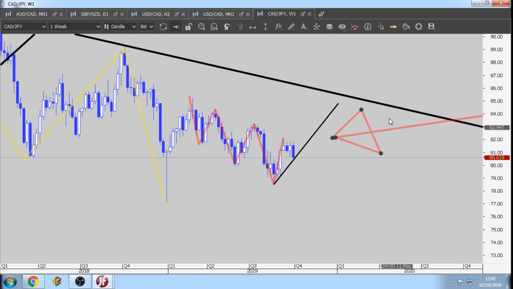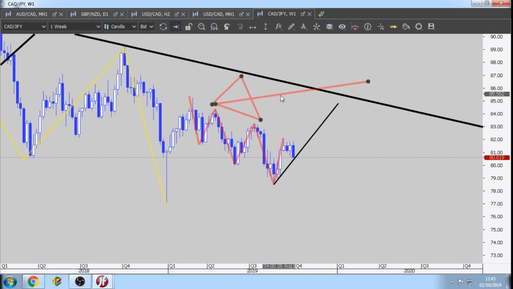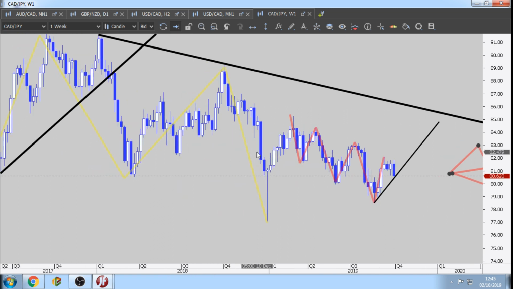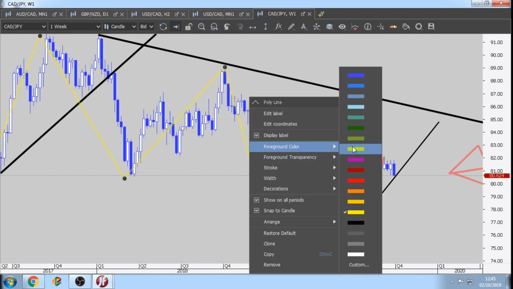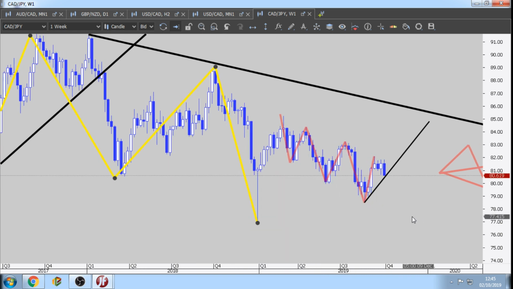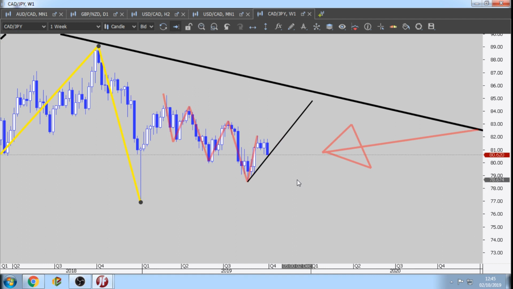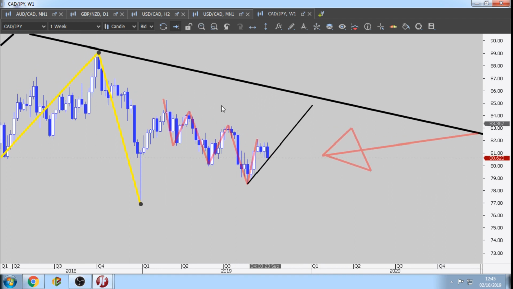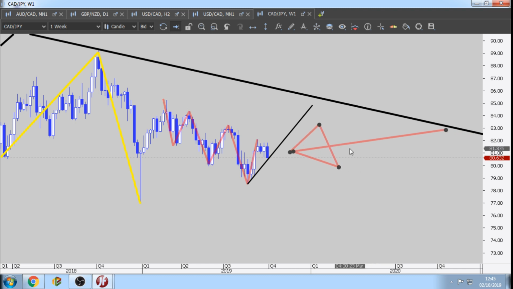The market's making lower lows, lower highs. And even the yellow market structure, the market wave is down. It's making relevant highs, relevant lows. So yes, Miguel, this currency pair is short right now.